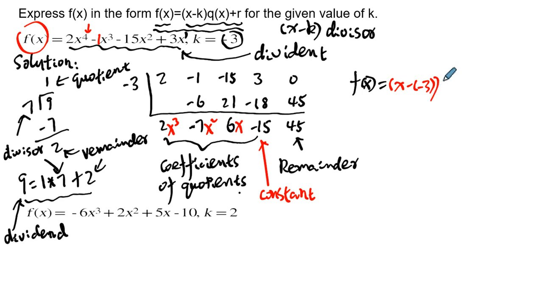And then here will be 2x cubed minus 7x squared plus 6x minus 15, plus 45. 45 is the remainder.